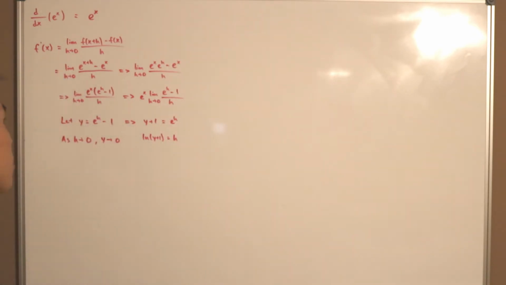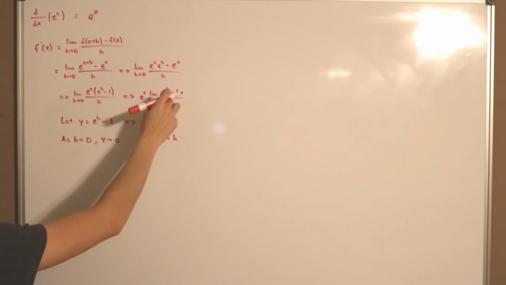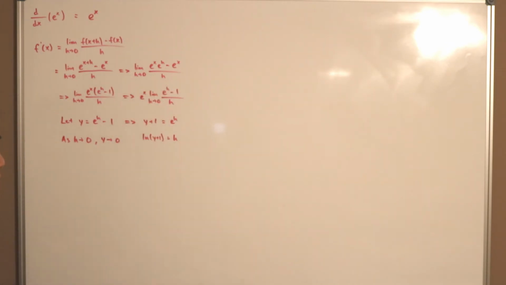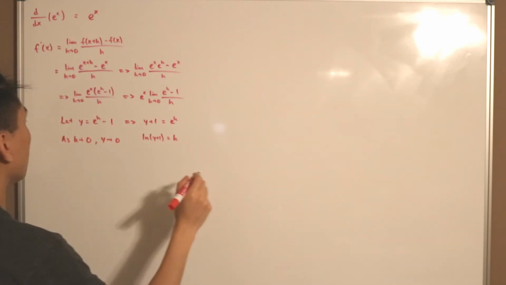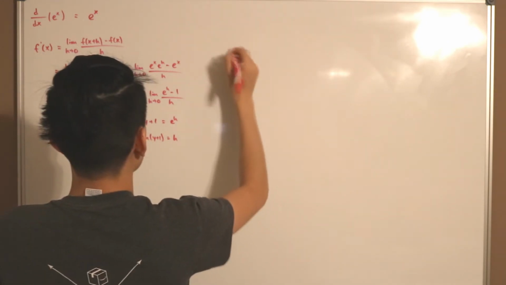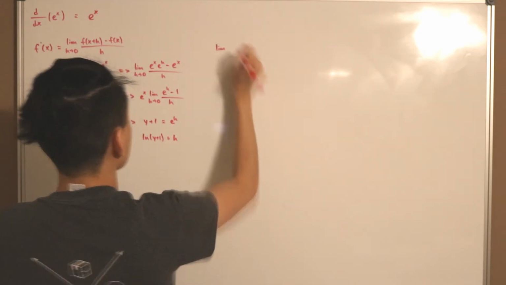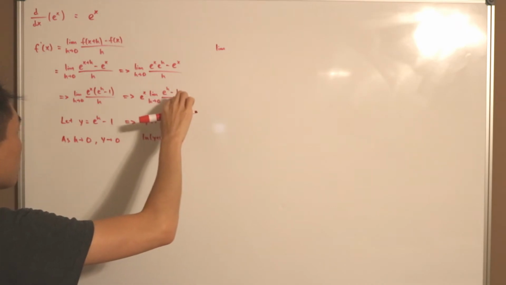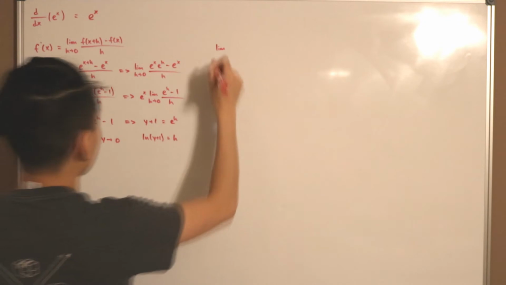All right. Now with that, let's plug in our substitutions. I'm not going to write e to the x when I'm doing the substitution. I'm just going to focus on this limit right here for now. We'll clean up everything later in just a bit. So now, because we have everything in terms of y, when h approaches 0, y also approaches 0.